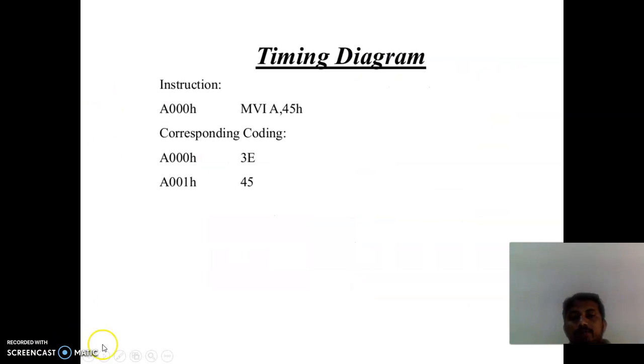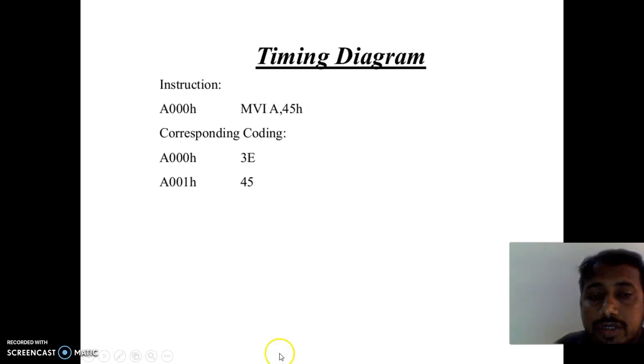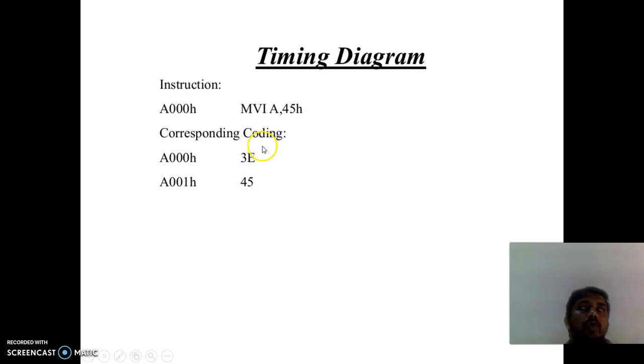Now coming to the next example, MVI A, 45H. In this example, you will have two things. One is an opcode fetch, and the work to be performed by the microprocessor is taking the data 45 into A. Then the next one is the immediate value, where we need to take this 45 and load it.